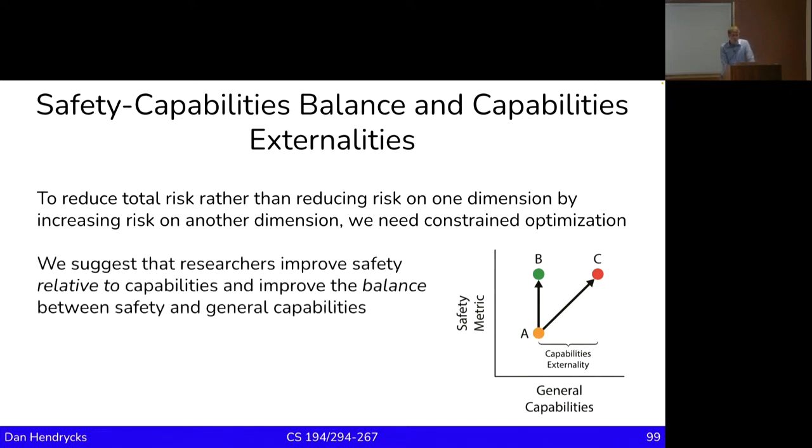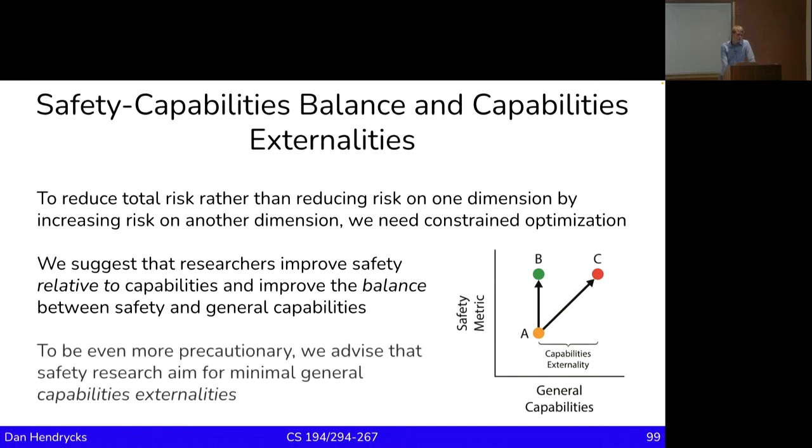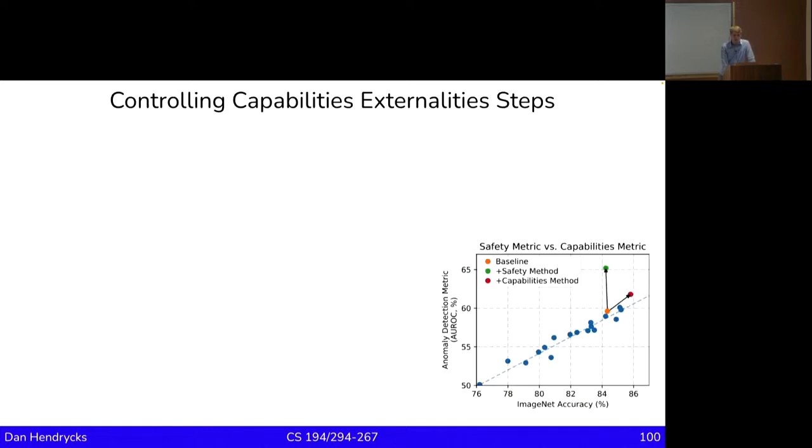So you might want people to improve safety relative to capabilities, or improve the ratio. If you're having a new method, you want the ratio of your safety improvement to be larger than your improvement to general capabilities. So you want, from your method development, lower capabilities externalities.